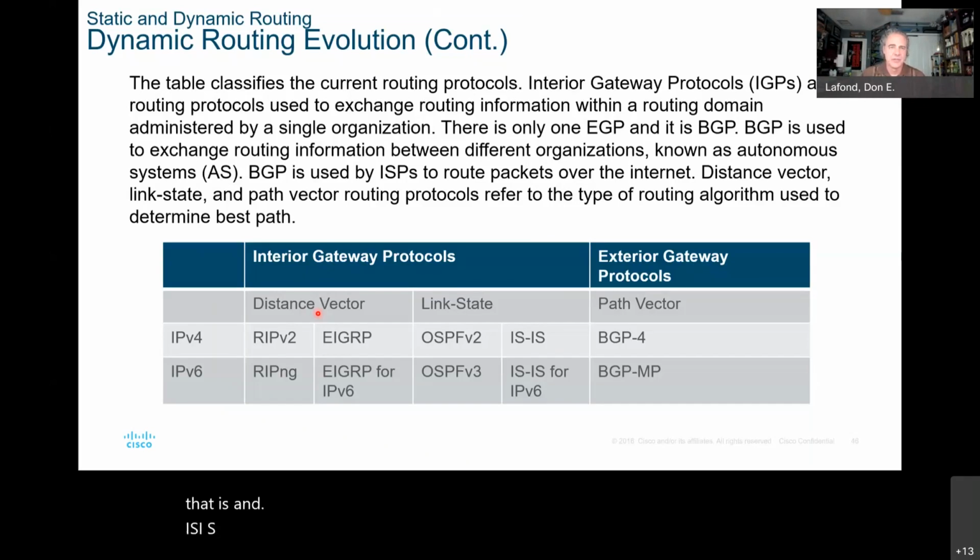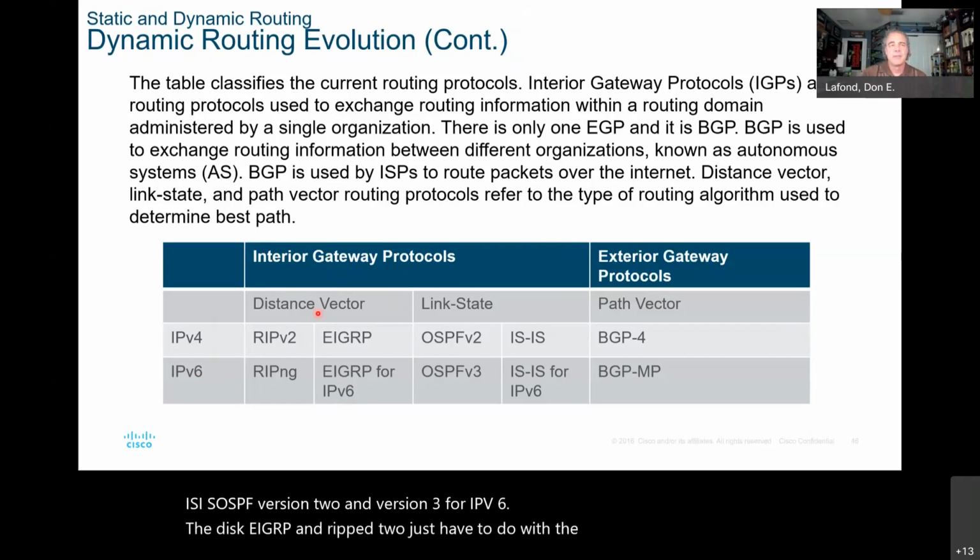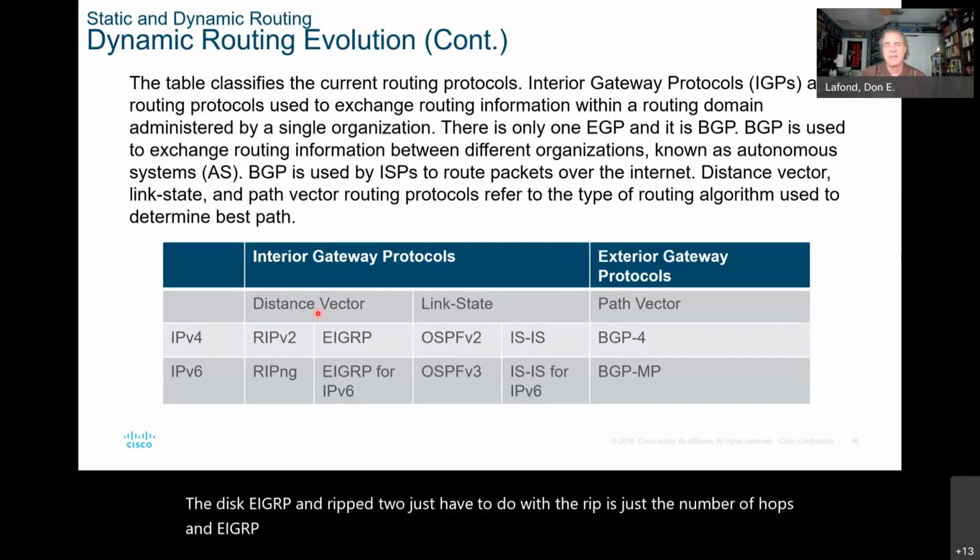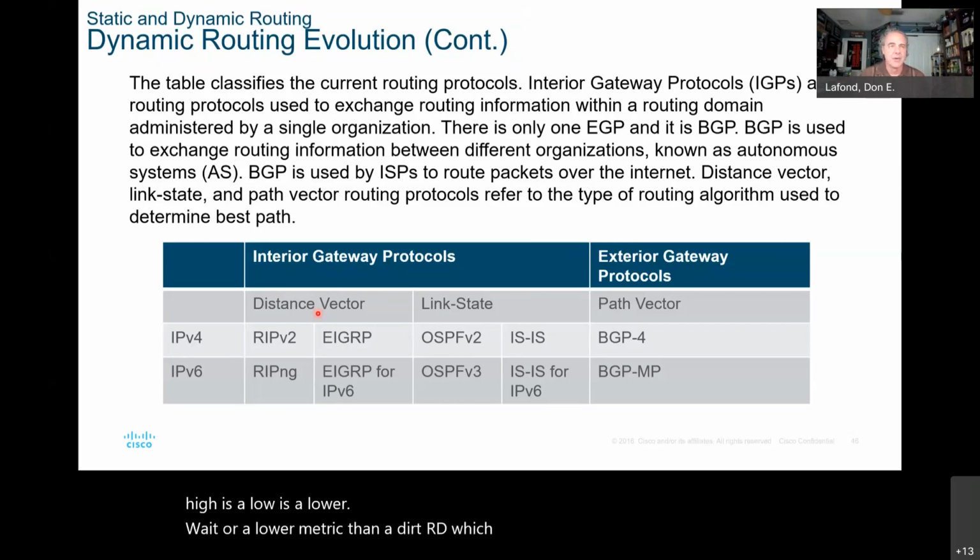IS-IS, OSPF version 2 and version 3 for IPv6. EIGRP and RIP2 just have to do with the distance. RIP is just the number of hops, and EIGRP includes the type of connection as well. So a highway always has a lower weight or a lower metric than a dirt road, which would be a dial-up modem, right?